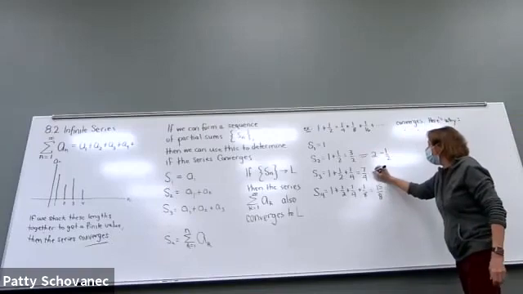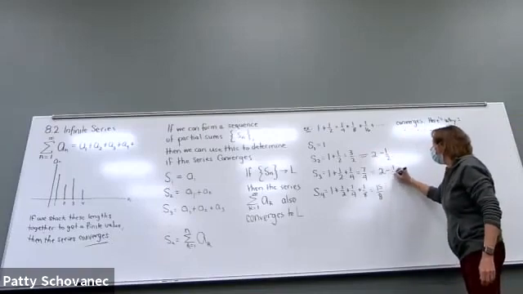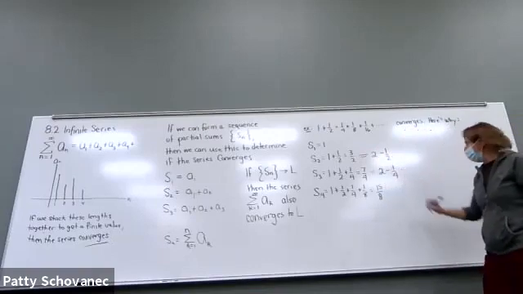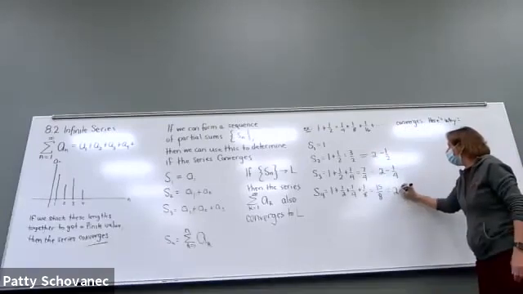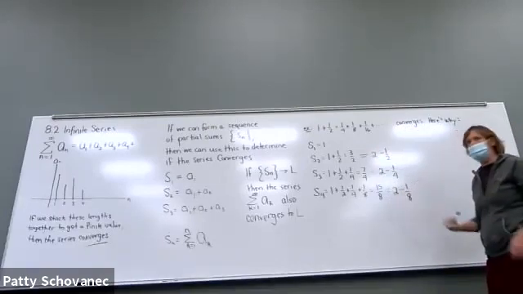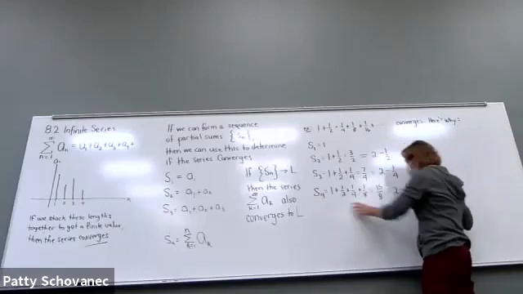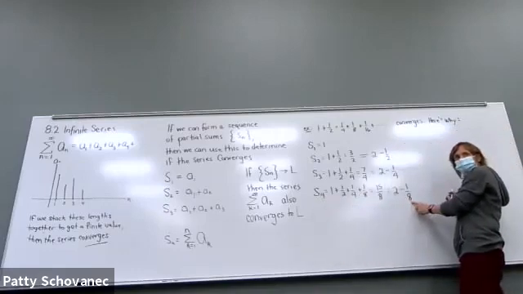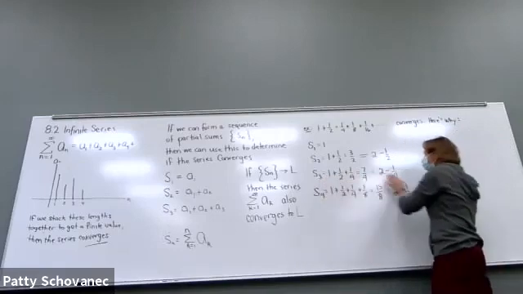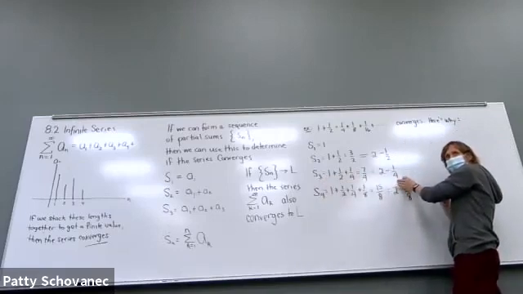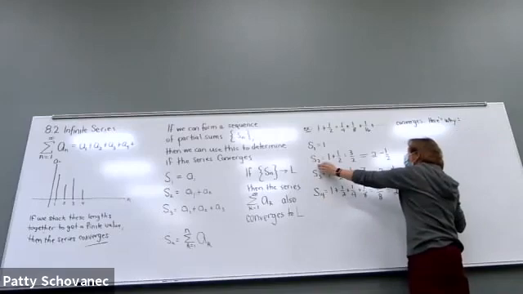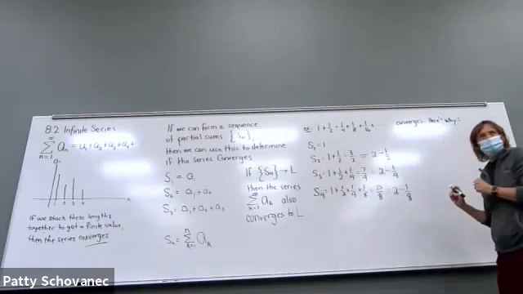I can think of this 7/4 as 2 minus 1/4. I can think of this as 2 minus 1/8. So the fourth term has an 1/8 taken away from 2. The third term has a fourth taken away from 2. And the second term just has a half taken away from 2.